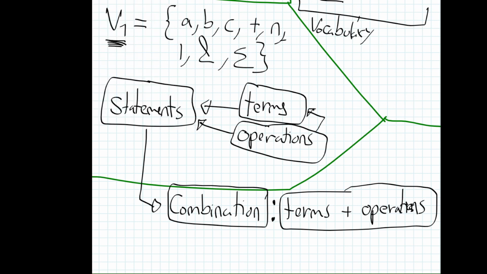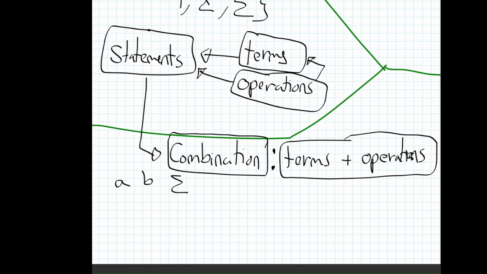So the terms we defined in our vocabulary, let's say the first one, A, we want to use it in conjunction with B and a symbol like epsilon, and we want to use these to do something, right?